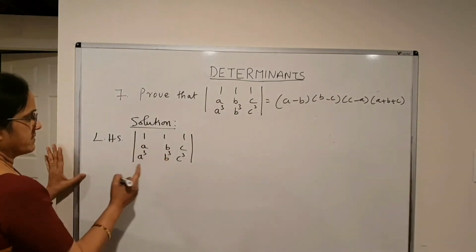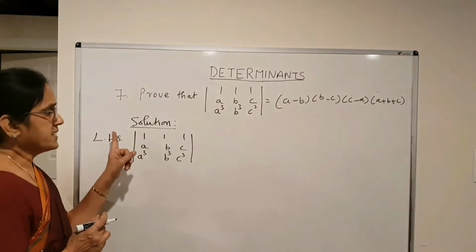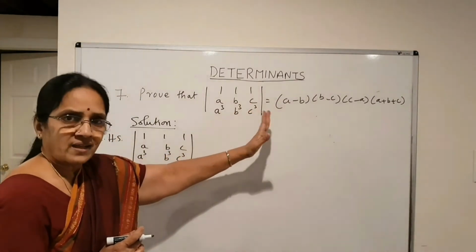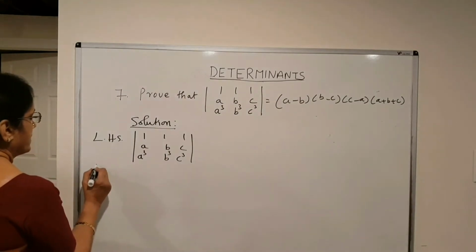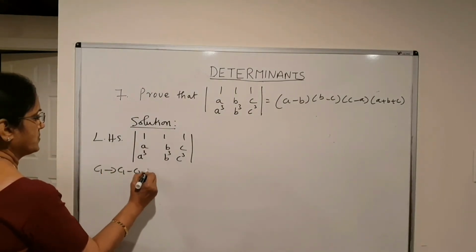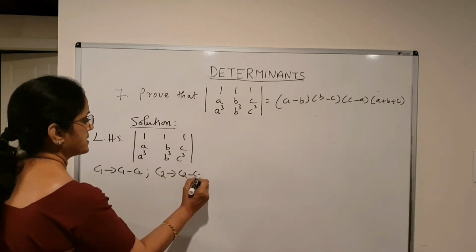So when I do that, I will automatically get 0 and 0 over here. Then I can expand this determinant using R1 to get the required answer.